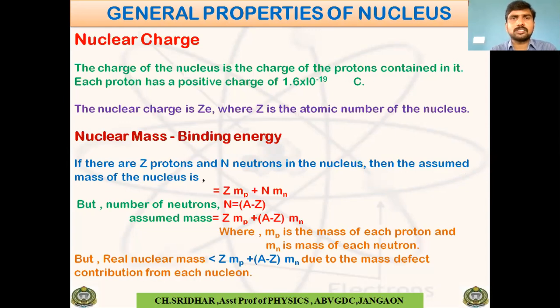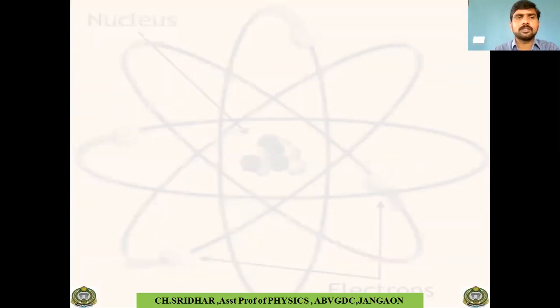So if a nucleus consists of Z number of protons and N number of neutrons, then the total mass of the nucleus is given by Z into Mp plus N into Mn. But in practice, the observed mass of the nucleus is found to be less than this value. That means some mass is missing, and this missing mass contributes to the binding energy.